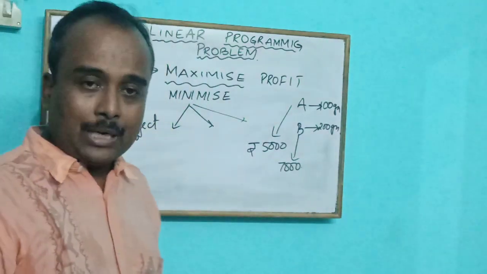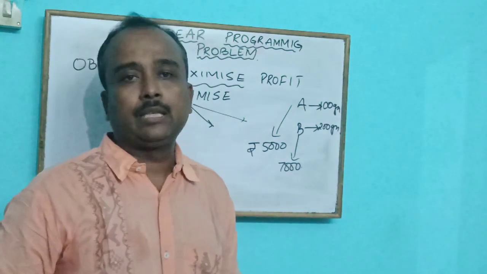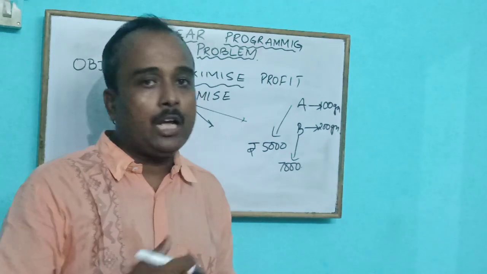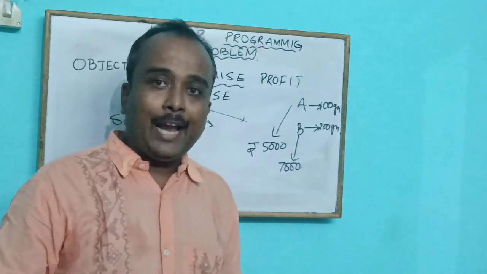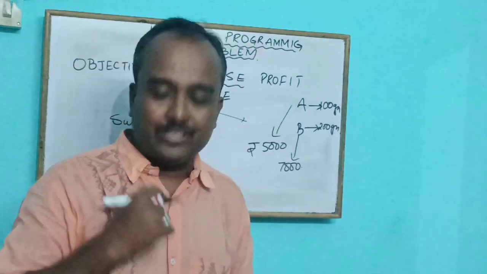Now, in order to understand the linear programming problem very well, we should have a very clear-cut idea about plotting of the graph and shading the areas where the solution lies.